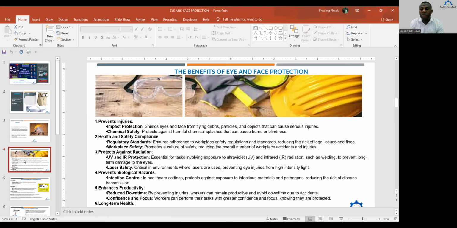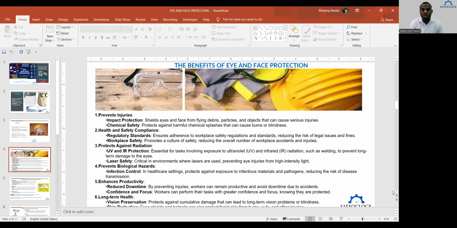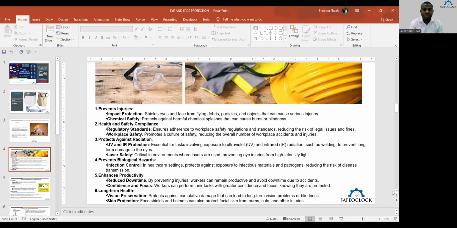Okay, it enhances productivity. When the worker is properly protected and prevented from getting injured to the eyes or the face, he is comfortable and can do his job very well, knowing that he has a certain level of protection. So it will help to improve productivity in the workplace.